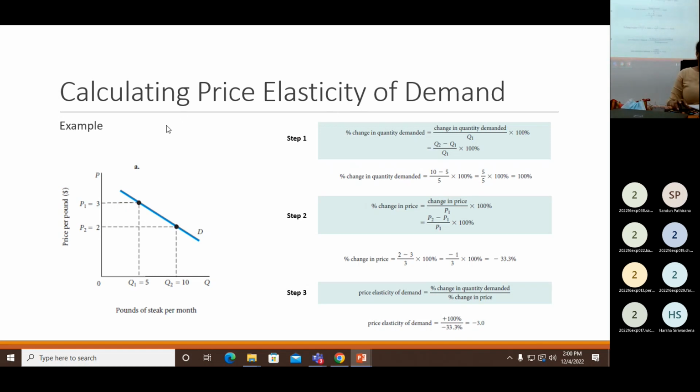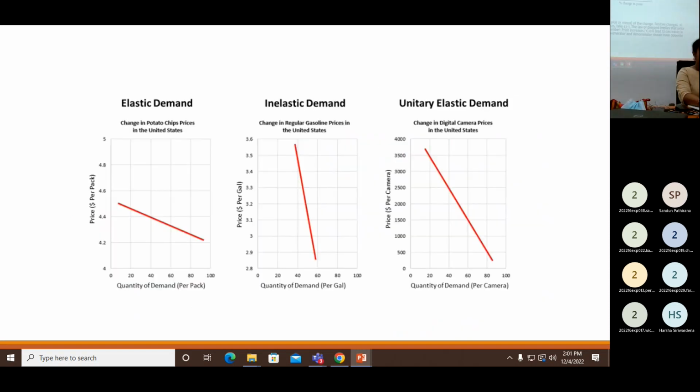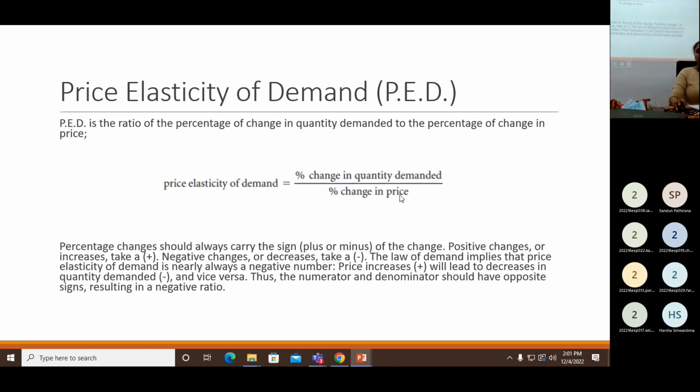Now let's see how to calculate price elasticity of demand. If you can recall, the basic formula for price elasticity of demand is percentage change in quantity demanded divided by percentage change in price, right?